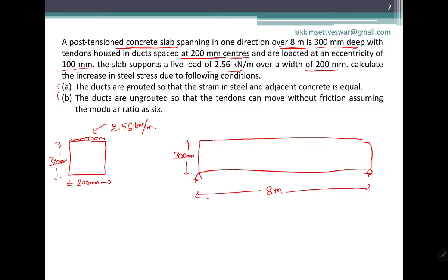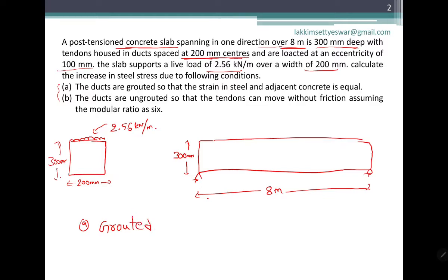First condition, the ducts are grouted so that the strain in steel and adjacent concrete is equal. Second, the ducts are ungrouted so that the tendons can move without friction, assuming the modular ratio as 6. The first one is grouted.